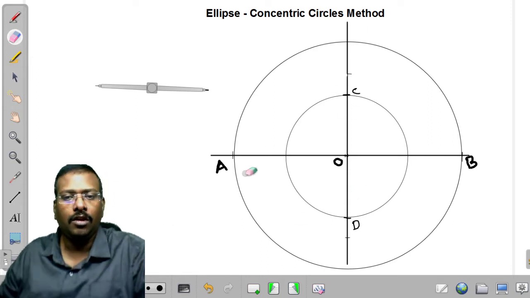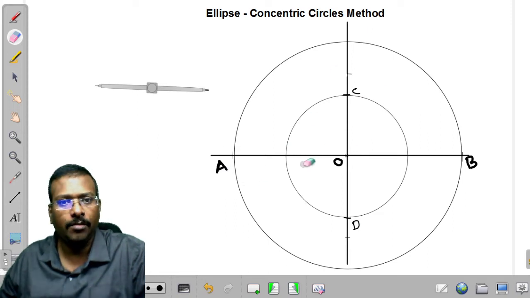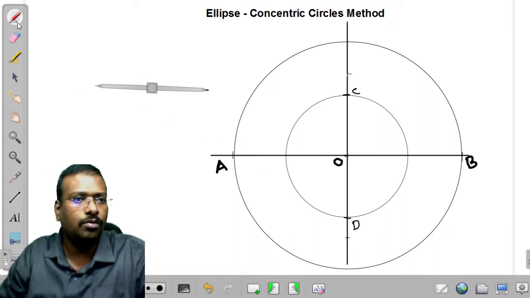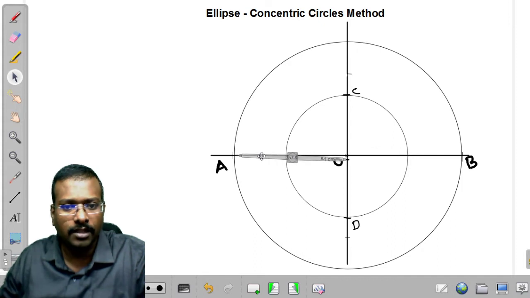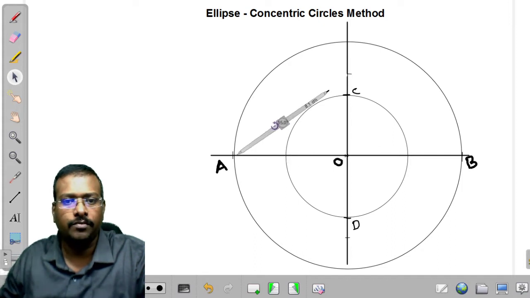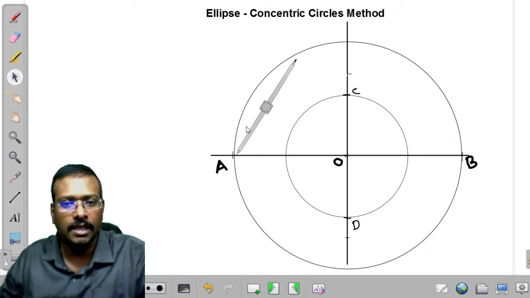Now, after drawing the major and minor circles, just now I said we are going to divide it into 12 equal parts. How to divide a circle into 12 equal parts? I am going to do it for the larger circle. All of you carefully observe. This is valid for both major as well as minor circle.